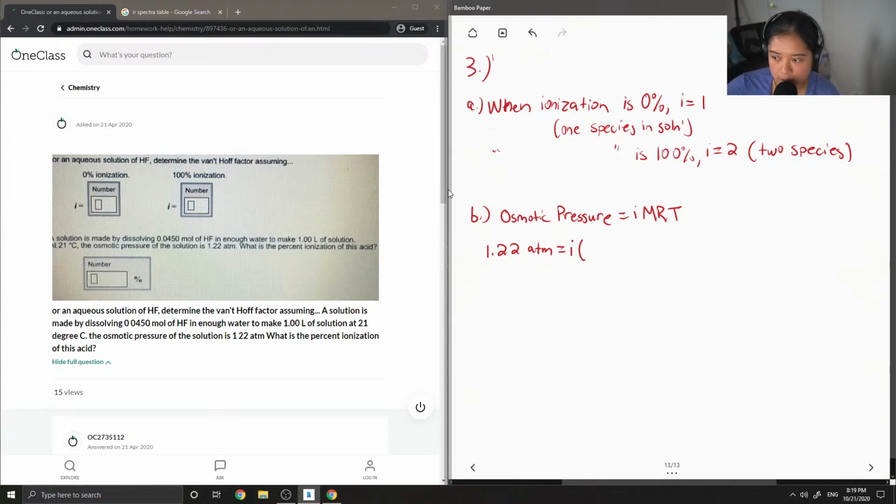Our concentration is this 0.045 moles in 1 liter of solution. Our R constant will be the 0.08206. And the reason for that is because this constant has the units that we need for this equation. And then when you convert 21 degrees Celsius to kelvins, you get 294.15 Kelvin. Okay, so let's cancel out all these units.